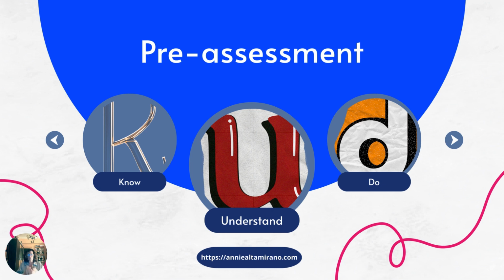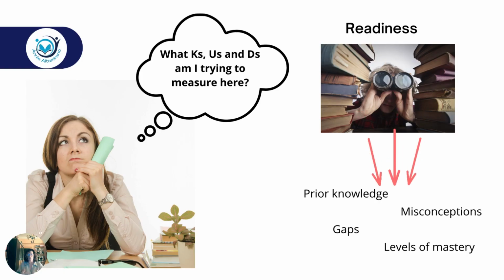Sometimes we may want to assess one of these three elements, but most of the times it makes sense to tap on all three because they are all important in understanding students' varying starting points with the content of the unit. So, the first question we should ask when composing a pre-assessment is, what K's, U's, and D's am I trying to measure here?